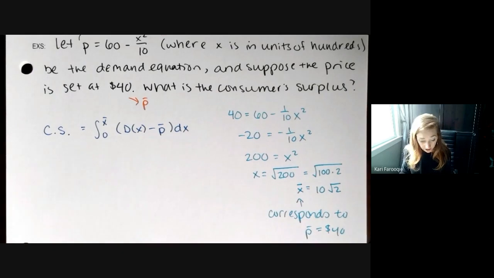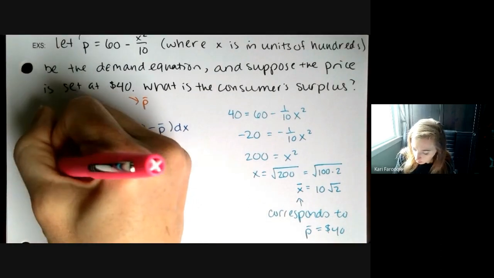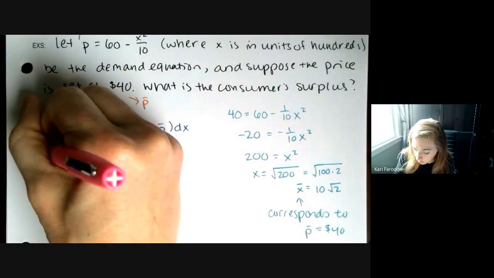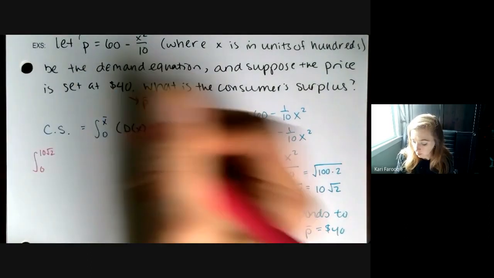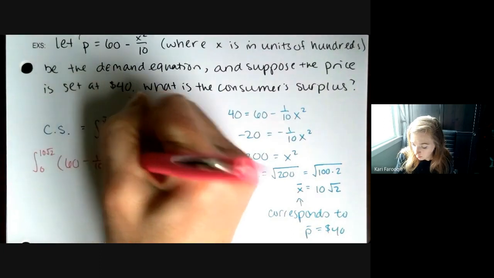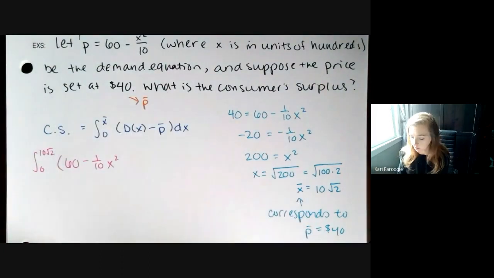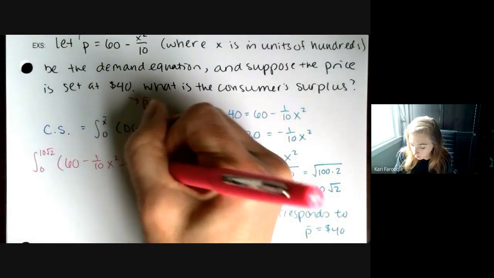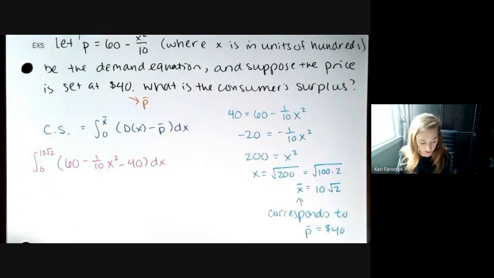All right, so now we have everything we need to integrate this quantity. So let's go ahead and put this together into the integral. I'm taking the integral from 0 to our x bar, which is 10 times the square root of 2. And we're going to take the demand function, which is 60 minus, again, I'm writing this as 1/10 x squared because I feel like it's going to be easier for me to see when I integrate it, and then minus P bar, which is minus $40, dx.